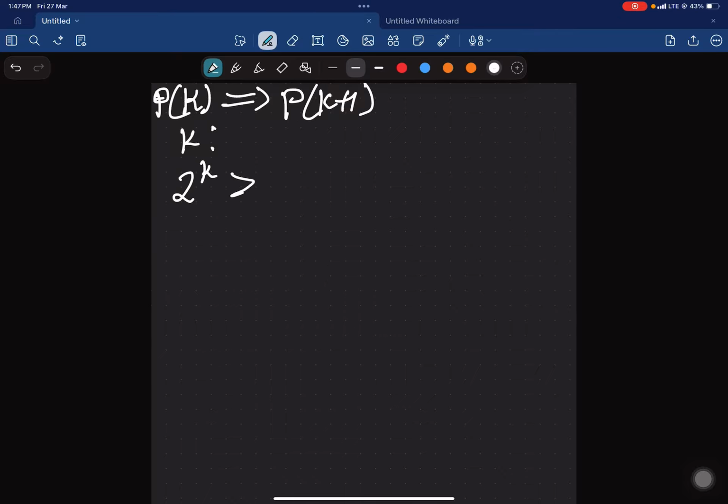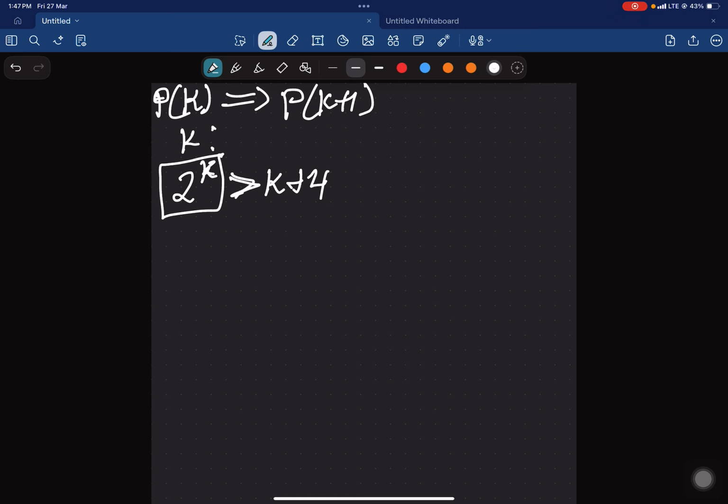So for k, implying k plus 1. So for k, it means 2 to the power k should be greater than k plus 4. This is the first thing we have. Now let's work on this.